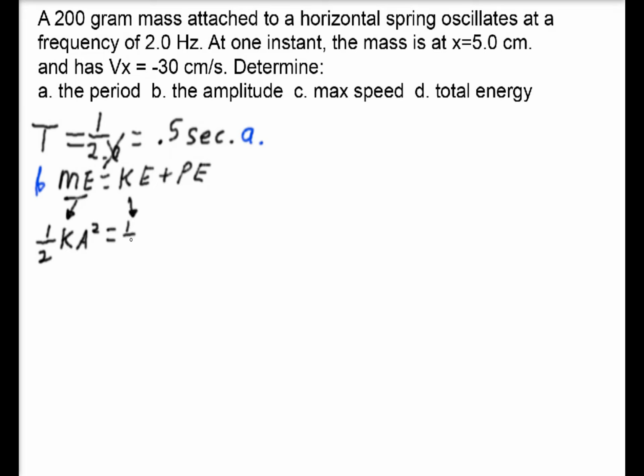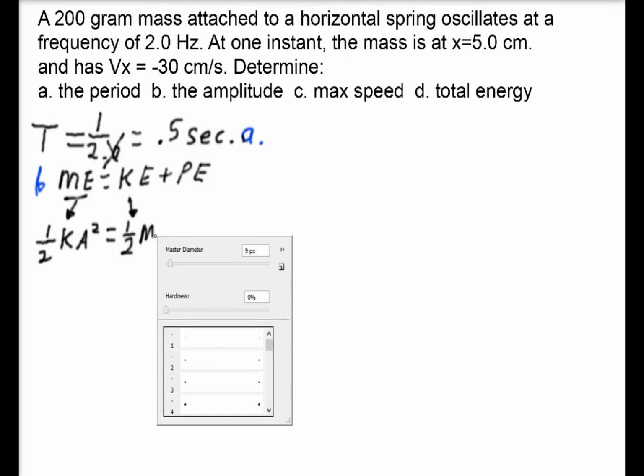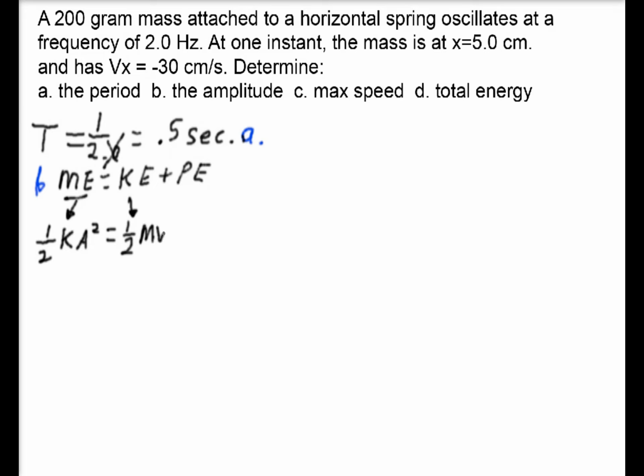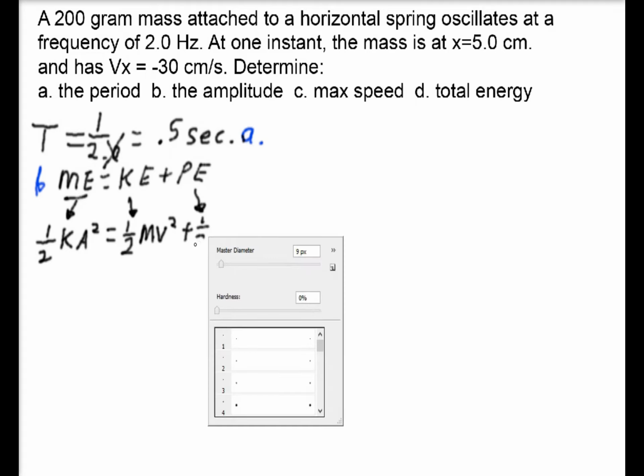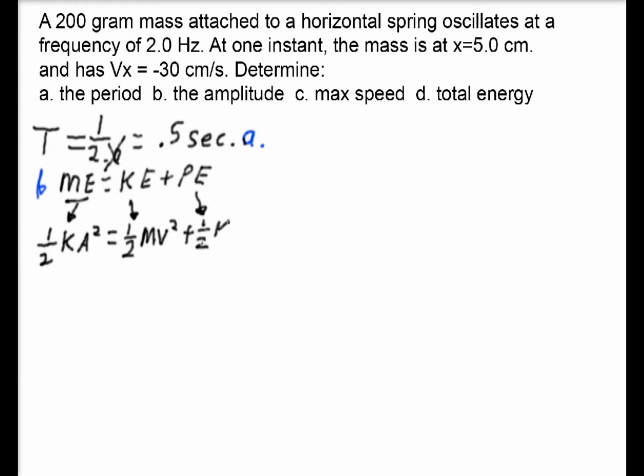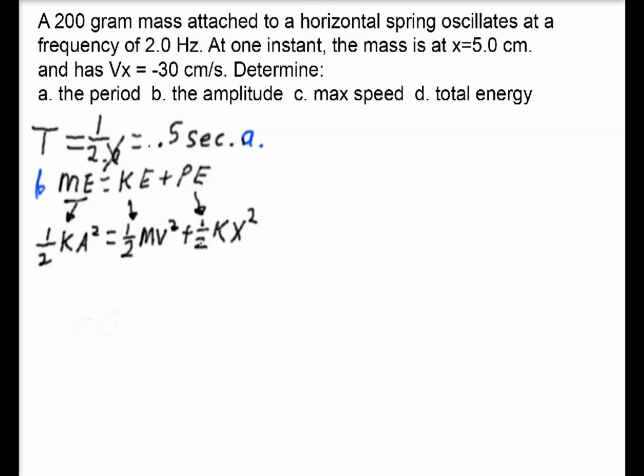Again we have a 1/2, times mass and velocity squared, plus the elastic potential energy, which is 1/2, again the spring constant, times x, the displacement, squared. Let's plug in these numbers.